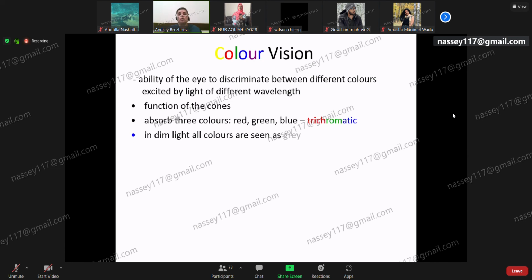So there exist only three primary colors: red, green and blue. And the normal color vision is called trichromatic. One more Greek word: tri means three, chromos means color. So trichromatic vision means the theory of the color vision based on the theory by Helmholtz, that there exist three primary colors: red, green and blue.